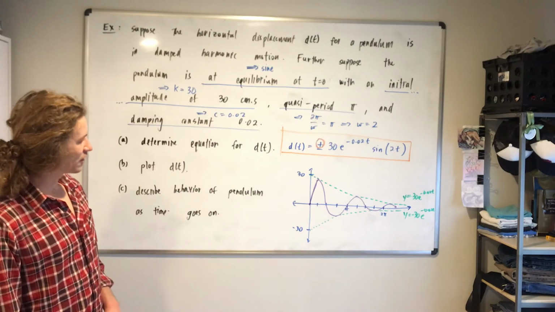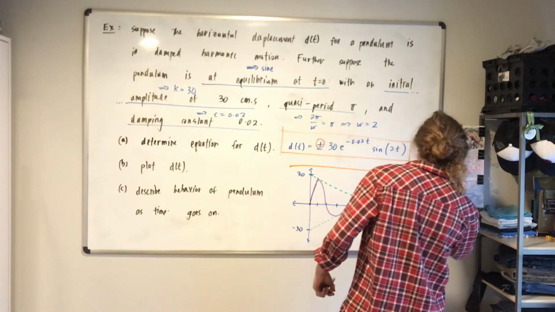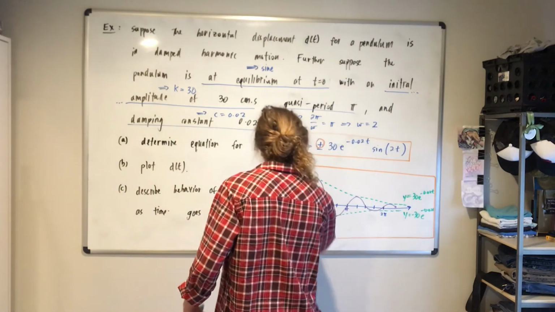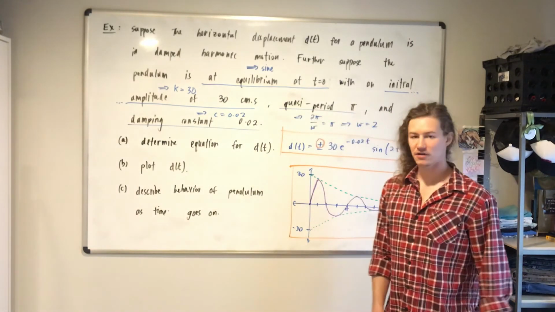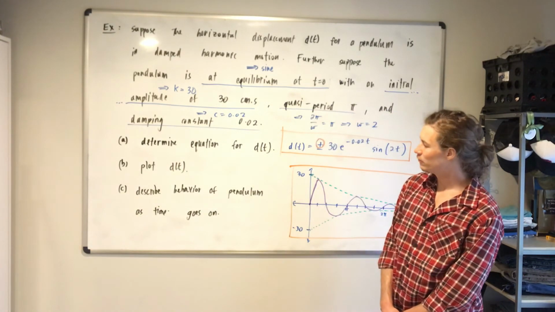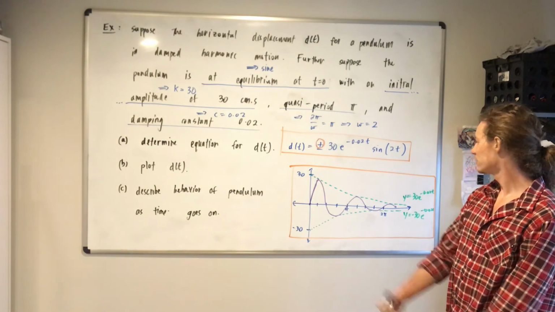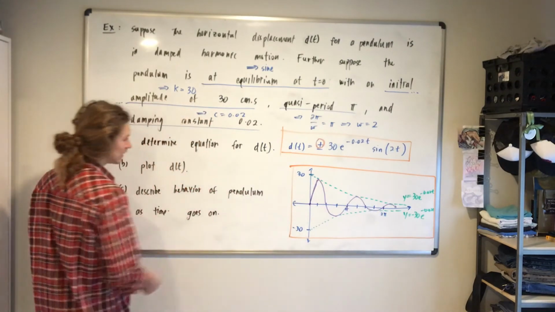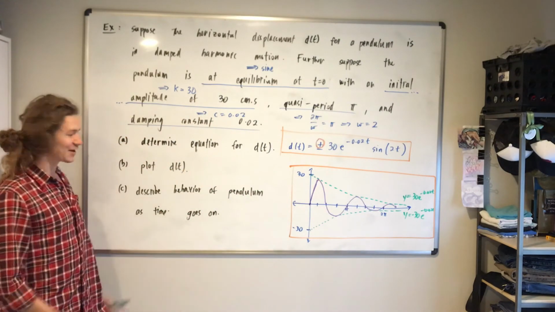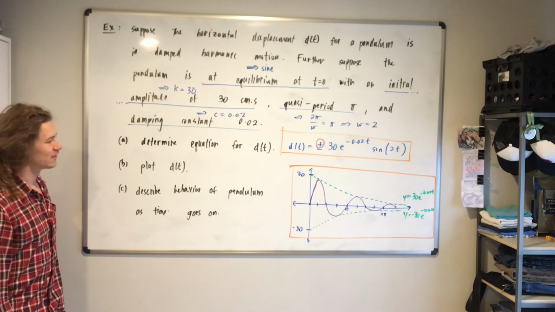So we want to answer ourselves the question. Oh, let me get a box around this graph now. We also want to answer the question, describe the behavior of a pendulum as time goes on. So as time goes on, that's basically saying as time goes to infinity, or goes infinitely in a positive direction, the only way that time tends to go, what is the behavior of our pendulum?